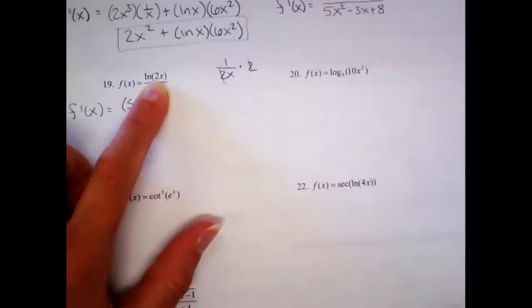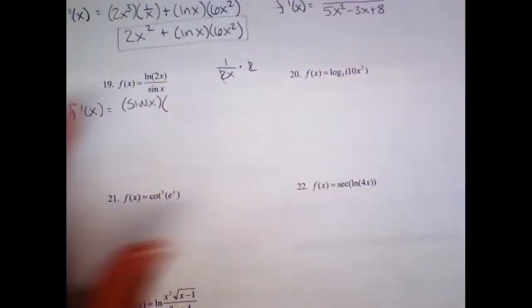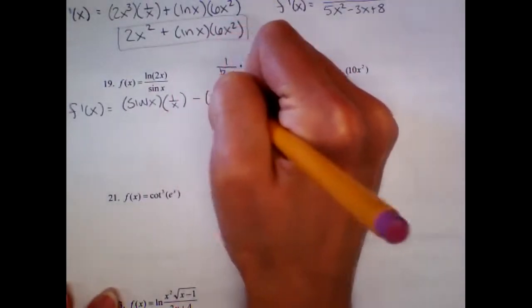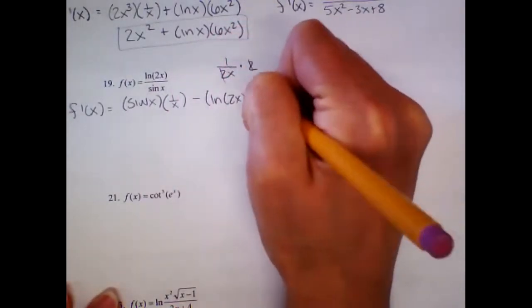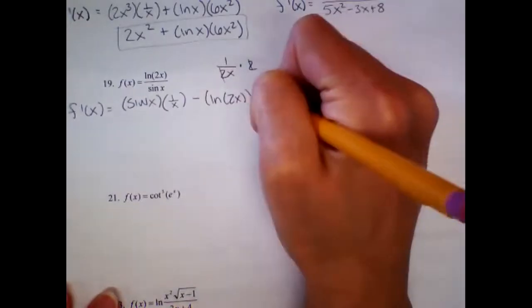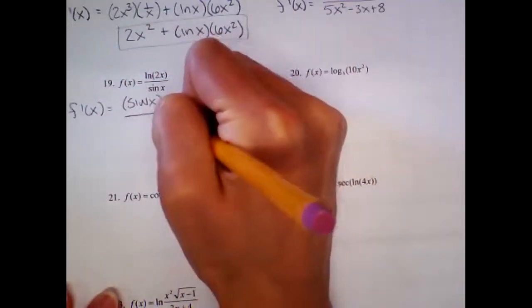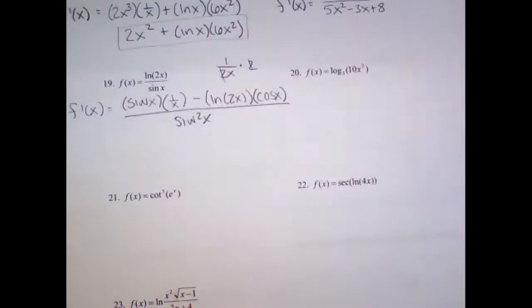So the 2's are going to cancel anyhow. So it's just going to be 1 over x minus the numerator times derivative of the denominator, derivative of sine, cosine, and then it's over the denominator squared.